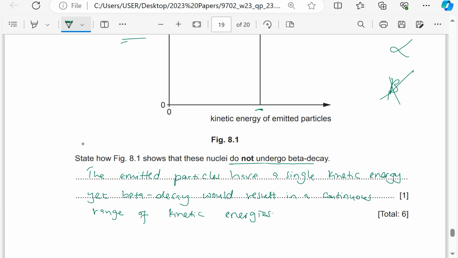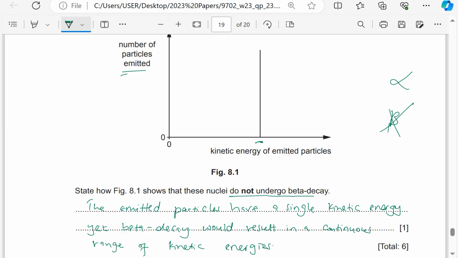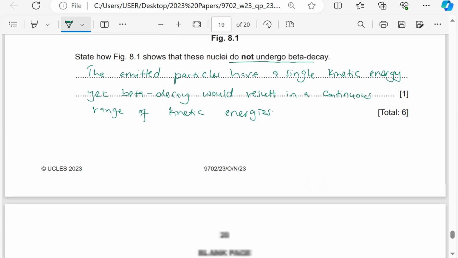If they were beta particles, the graph would show a continuous range of kinetic energies. But since the graph is showing a single kinetic energy, it is constant, it means these are not beta particles, so it is not a beta decay.